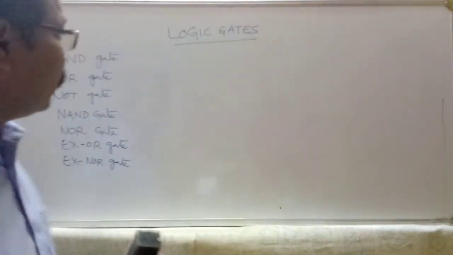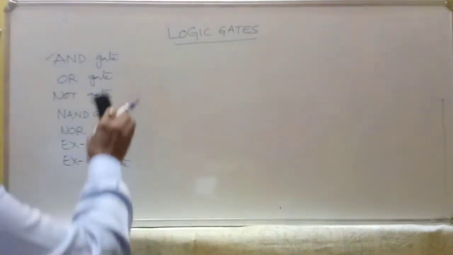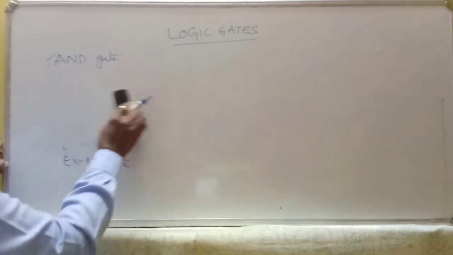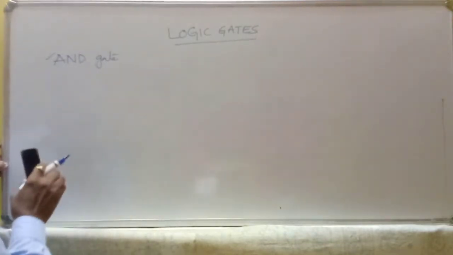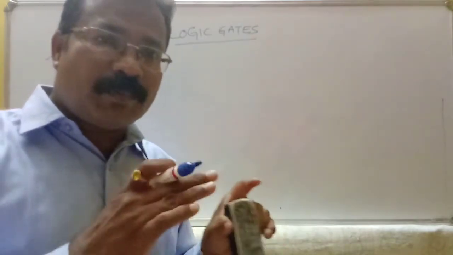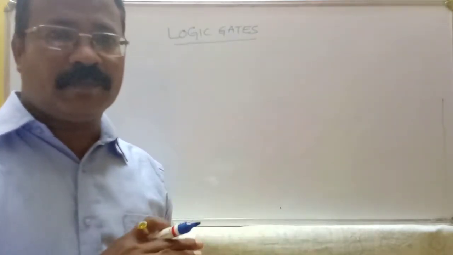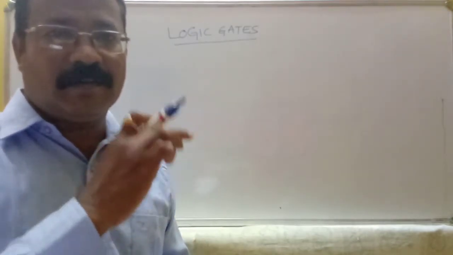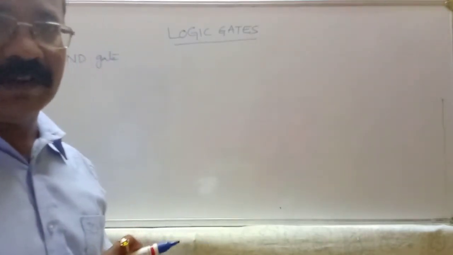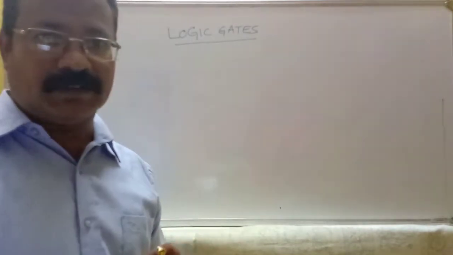Okay, first one is the AND gate. What is the basic concept of this logic gate? It is used to perform logical operations like multiplication, addition, and inversion.